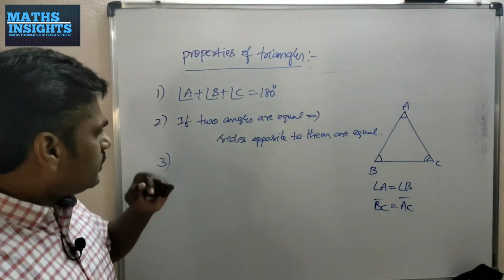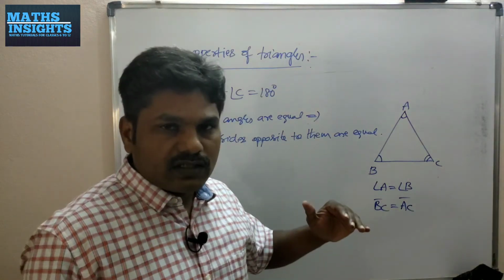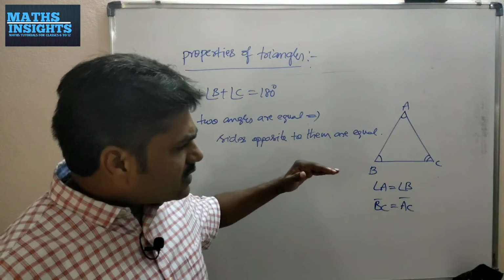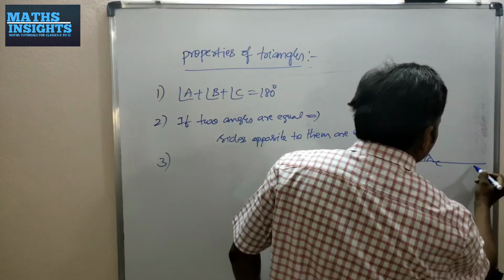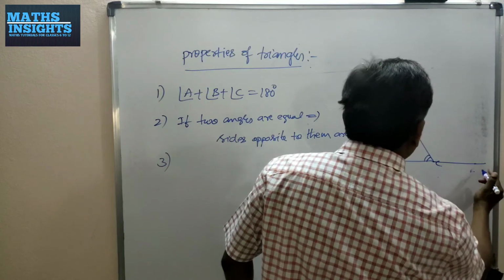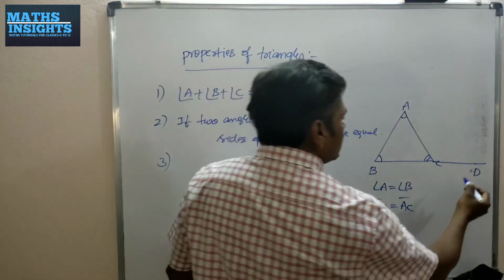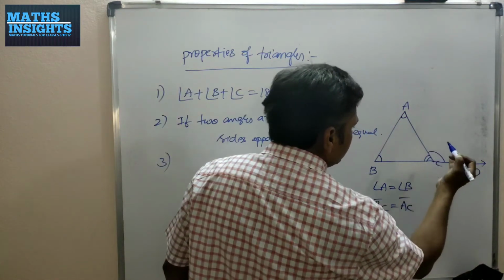Next, coming to the third property, if you extend any side, then we will have one external angle. Now I am extending the side BC, we will have another point D, ABCD, in this direction. Then I will have one external angle here.